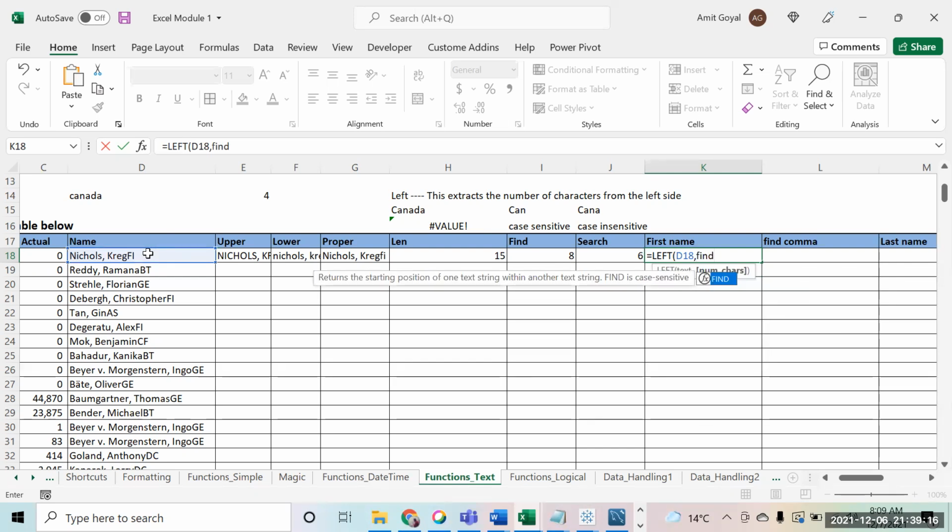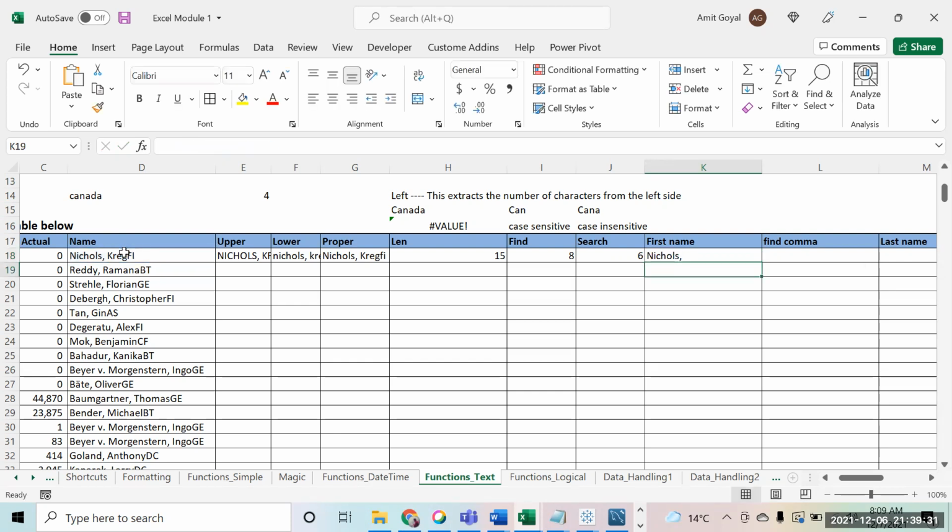Find formula. I will say find. What do I find? I find comma, yes, within the text that is over here. That's it. So if I run this now, it gives me Nichols. There is still a problem. I'm still getting an extra comma in this, which I have to get rid of.